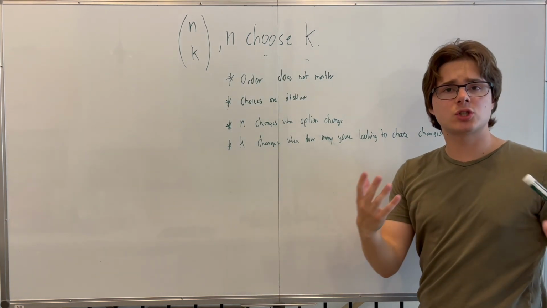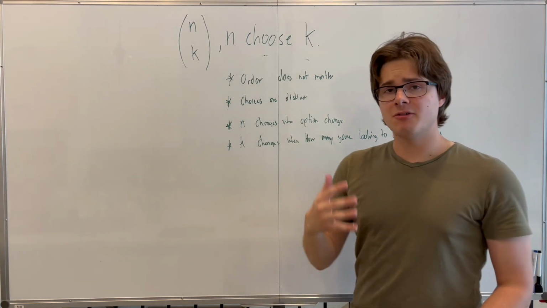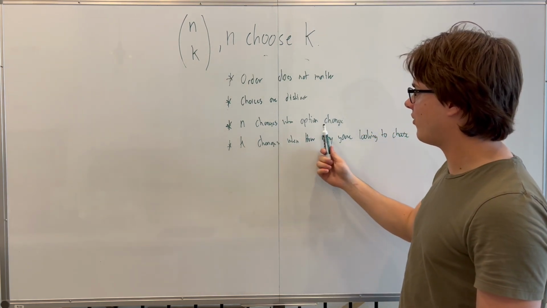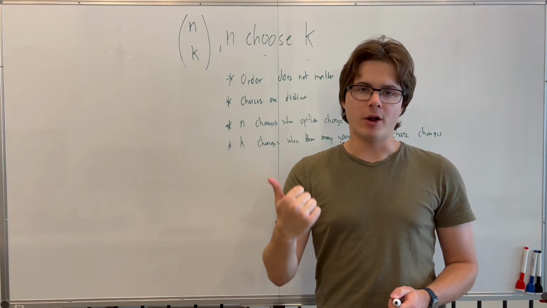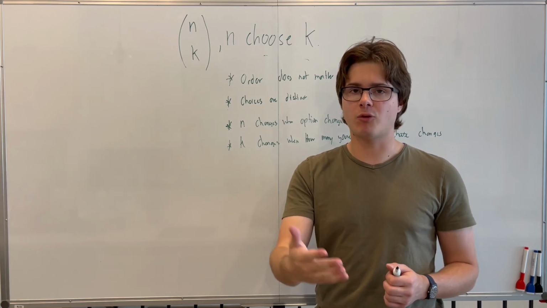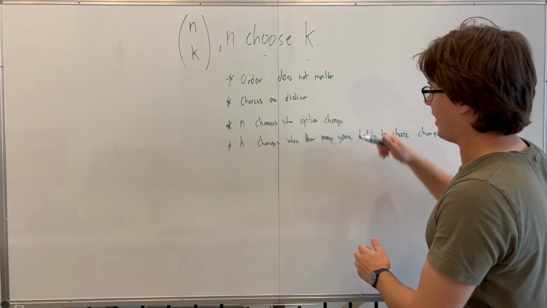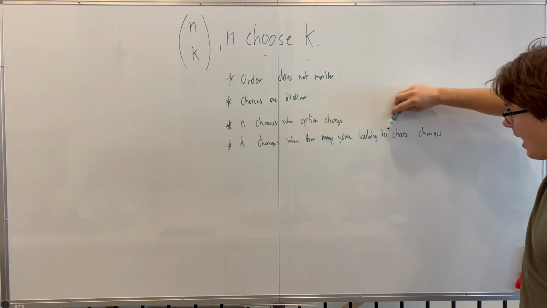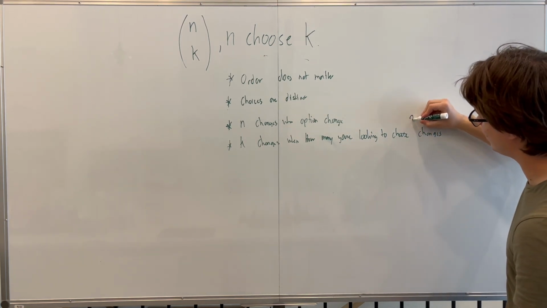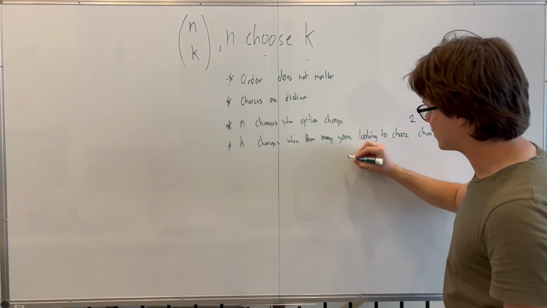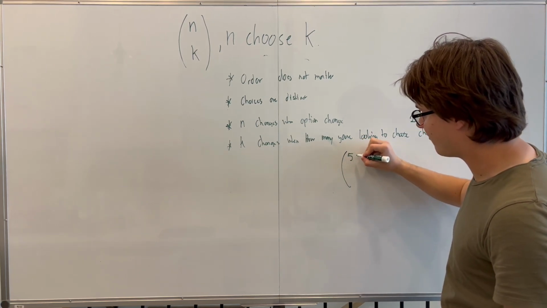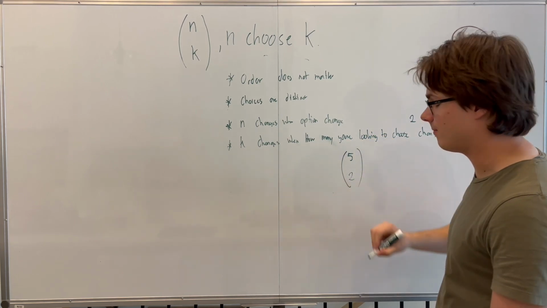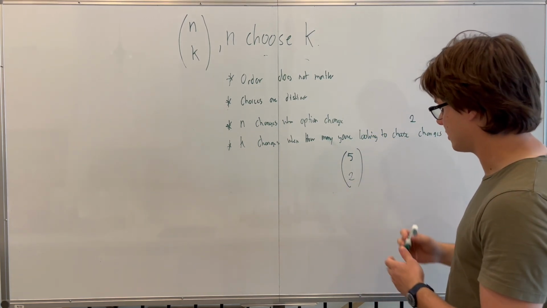If I went to a store and there are, let's say, 5 lawnmowers, I can only really choose 5. I can choose none of them, 1 of them, 2 of them, 3 of them, 4 of them, or all of them. That is what this means. But if I am looking to only buy or to choose, let's say, 2 of them, that would be our case. So if I'm looking to go buy lawnmowers, I have 5 to choose from, but I'm looking to only get 2 of them. So that is how this is going to look.